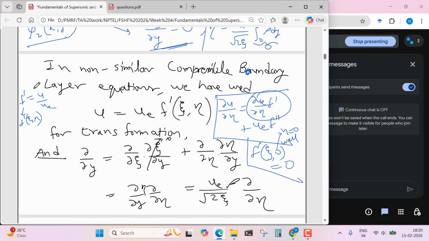One more thing, this dash refers to the derivative with respect to eta. So if we take dou u by dou eta, it will be equal to dou ue by dou eta f dash plus ue f double dash.